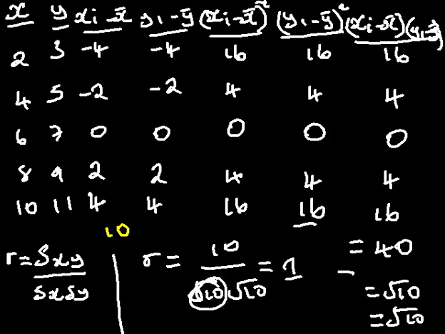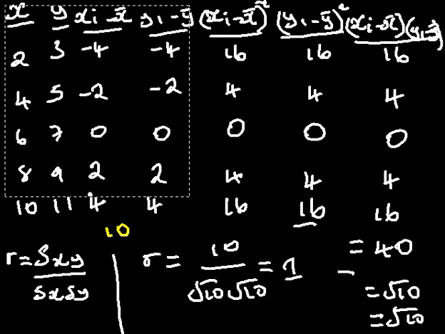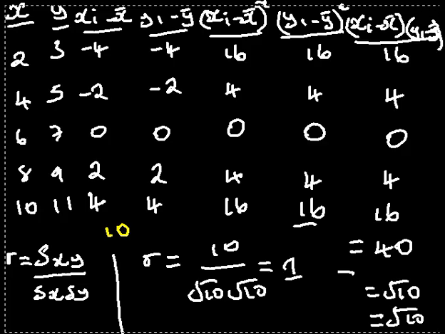As you can see, the square root of 10 times the square root of 10 is 10, so the correlation coefficient will be given as 1. Since this is positive, it means it is a positive relationship, and it is a very strong positive relationship that you should understand. So that's how the correlation coefficient is calculated.